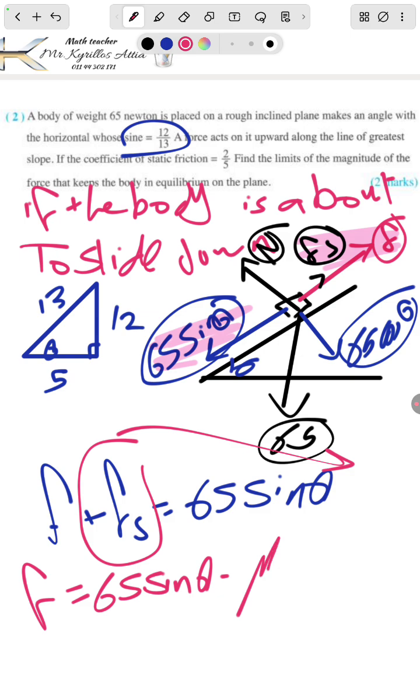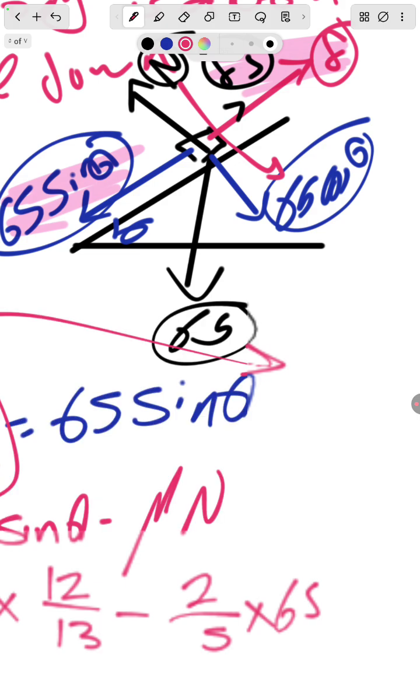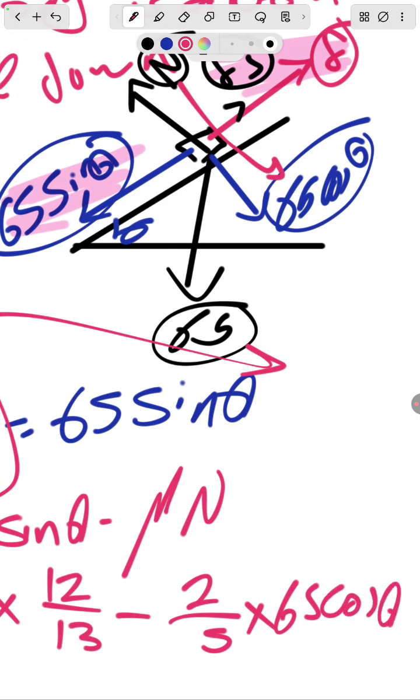Fs means mu times N. Okay, so 65 times sin theta, which is 12 over 13, minus mu, which equals 2 over 5 from the question, times N, which equals, look at the drawing, 65 cosine theta.